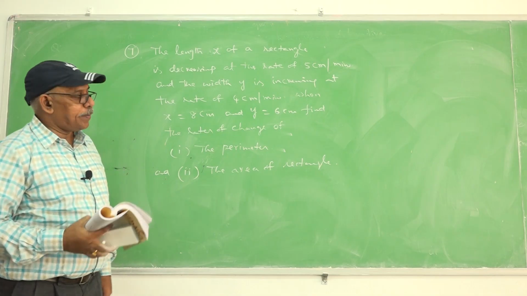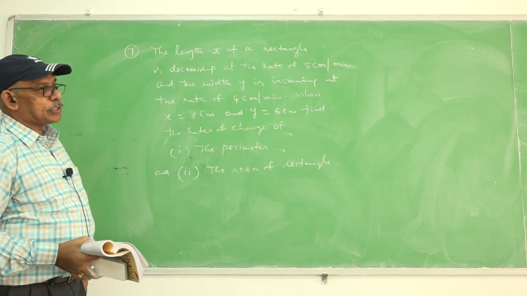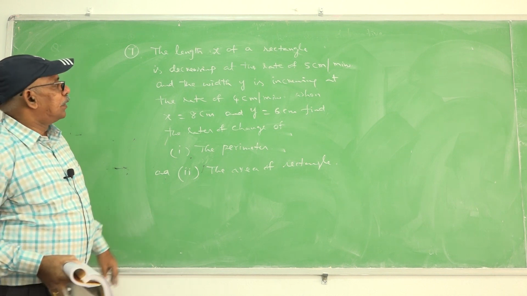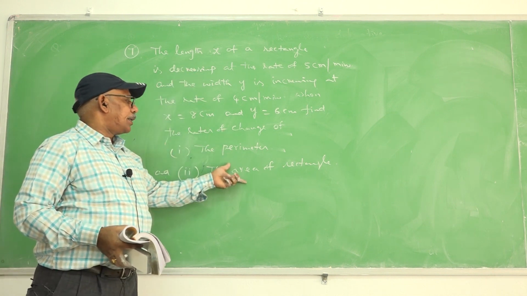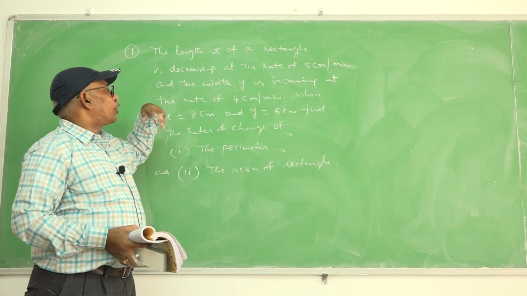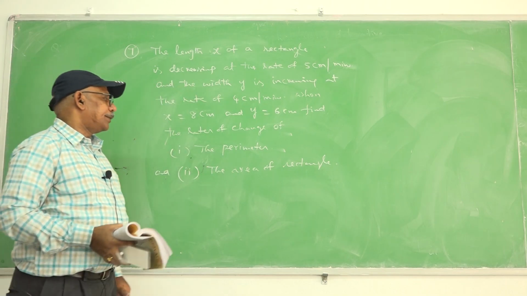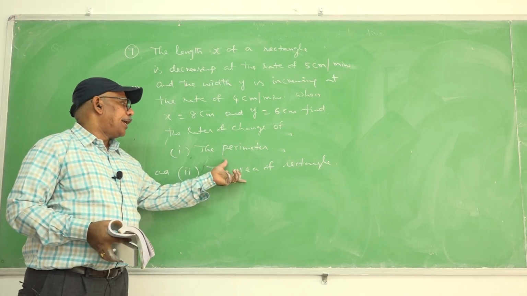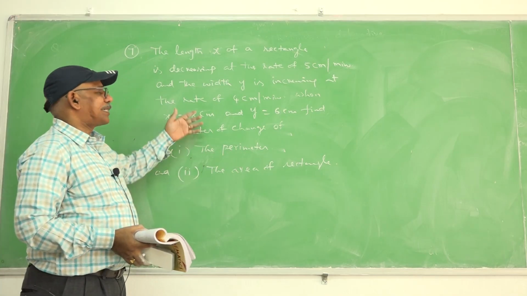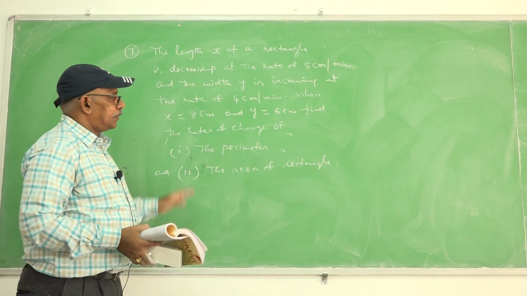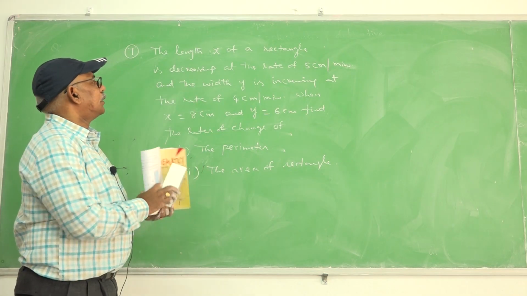The area and perimeter of a rectangle depend on both length and width, because area depends on length and width, and also perimeter depends on length and width. Both area and perimeter are functions of x and y, the length and width of the rectangle.